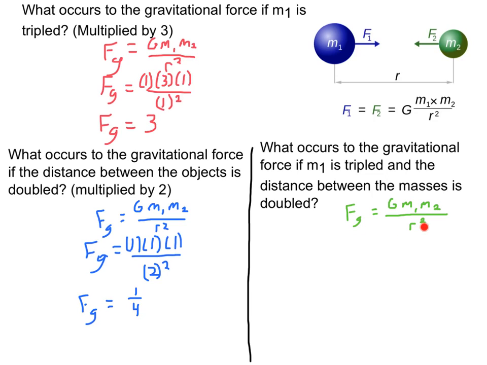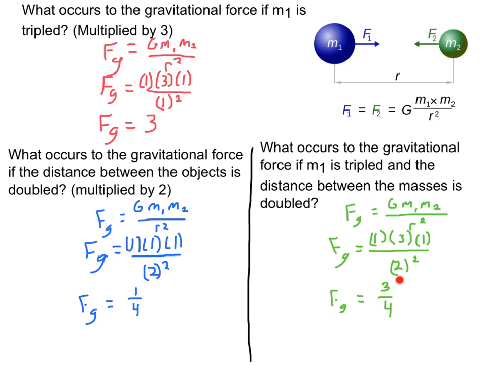So here's the exact same problem, and we're just going to use the same numbers we had here. What if we tripled the mass and doubled the radius? As you can see, note the equal sign is not proper notation because Fg doesn't equal 3/4. But what's going to happen here is, if you triple M1, you make M1 3 times as large, but you also double the radius. You go twice as far out.